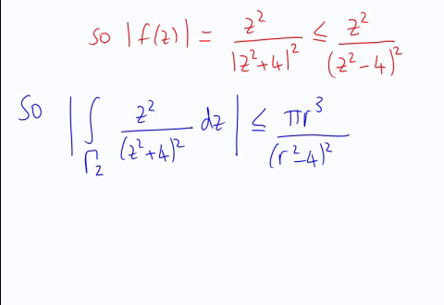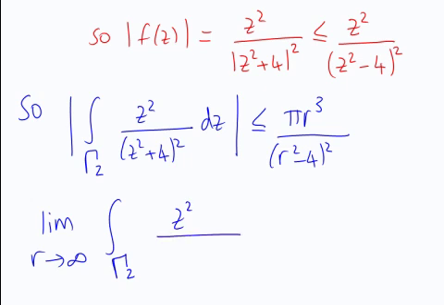And what that means is that when I want to look for the limit of that integral, I can just look at this expression here, the expression on the right hand side, and I hope you can see that I effectively have an r cubed term on the top and an r to the 4 term on the bottom.